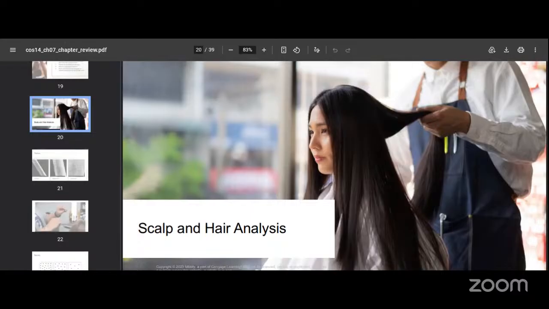But there's no easy way when you're dealing with someone's hair and scalp. You have to train your eyes. You have to have the knowledge of what you're looking at, what should be there, what's considered normal, and what is considered not normal.